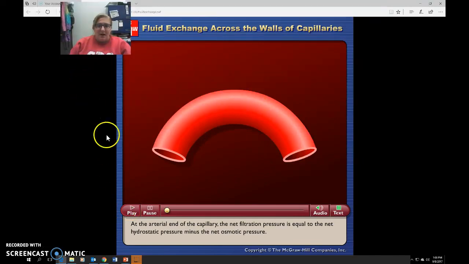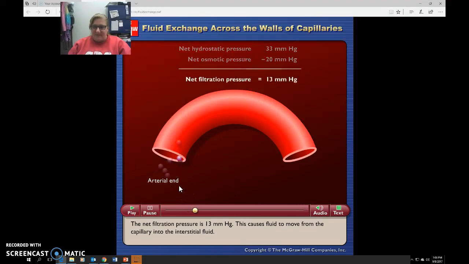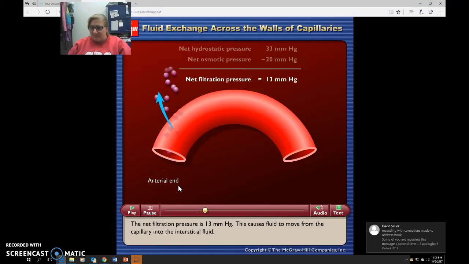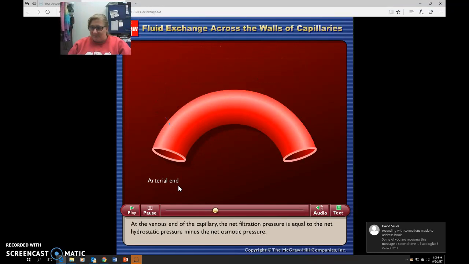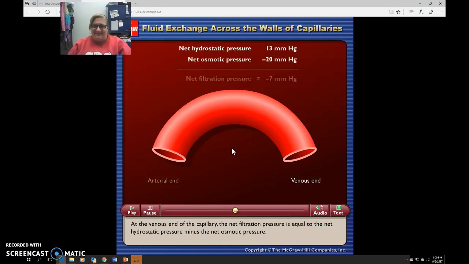Fluid exchange across the walls of capillaries. Video from McGraw-Hill. At the arterial end of the capillary, the net filtration pressure is equal to the net hydrostatic pressure minus the net osmotic pressure. The net filtration pressure is 13 millimeters of mercury. This causes fluid to move from the capillary into the interstitial fluid. At the venous end of the capillary, the net filtration pressure is equal to the net hydrostatic pressure minus the net osmotic pressure.